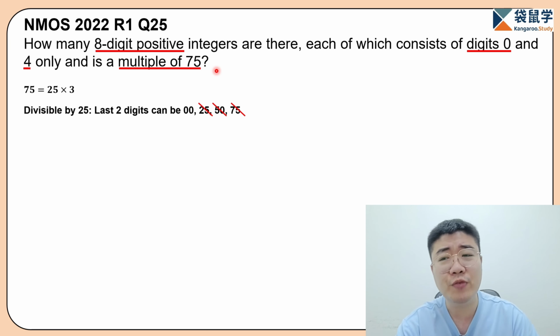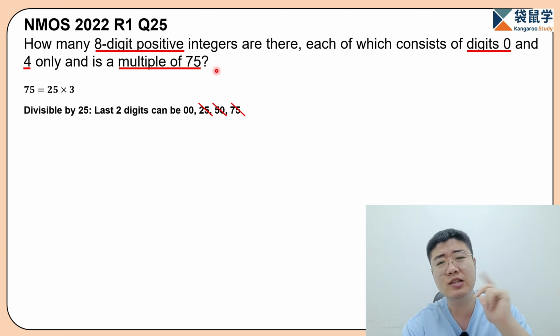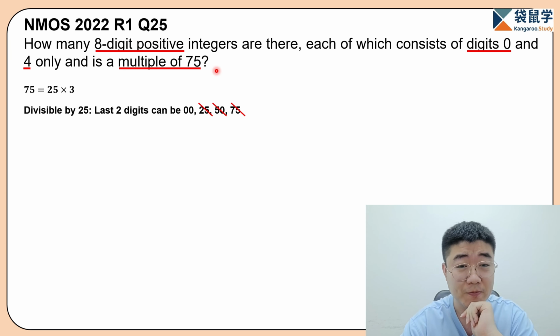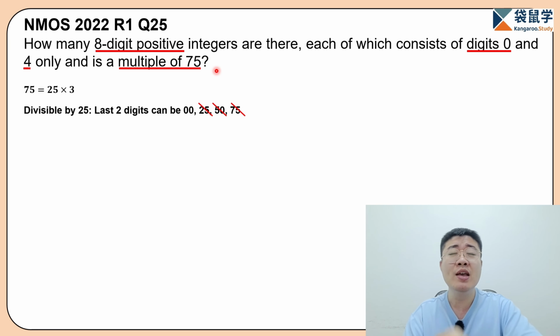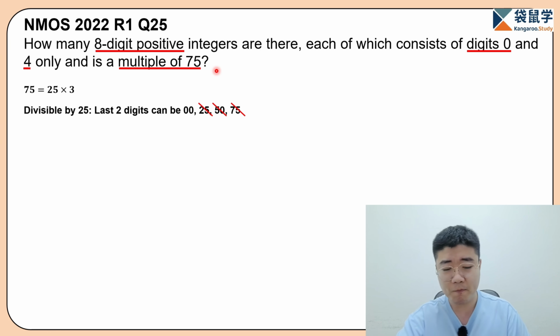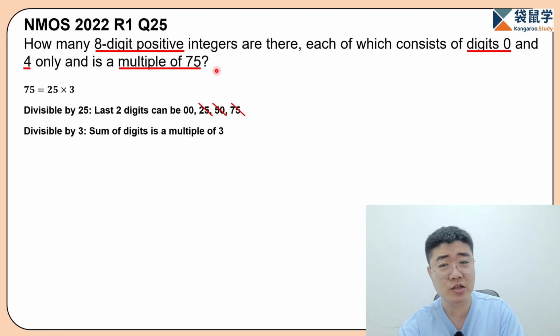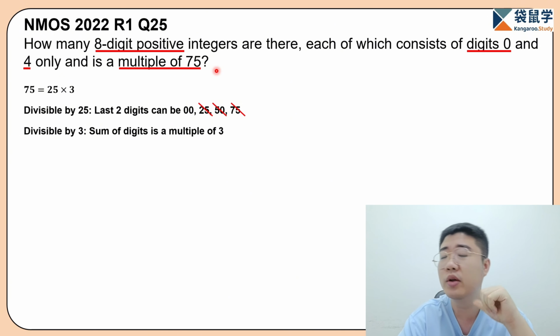Now let's check the other divisibility rule here. This number must also be divisible by 3. So let's think, what type of number is divisible by 3? If a number is divisible by 3, we know that the sum of digits of this number must be divisible by 3. So, divisible by 3, sum of digits is a multiple of 3. And notice that we can only use 4 and 0.